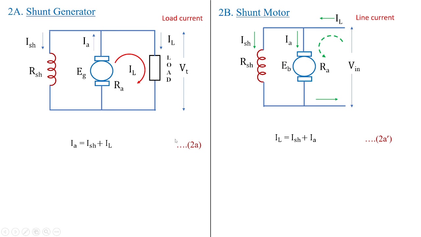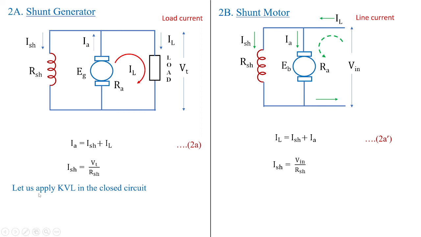That is the basic difference between these two machines. The shunt field current in the case of the generator is given by the terminal voltage divided by RSH, whereas the shunt field current in the case of the motor is given by V in divided by RSH.